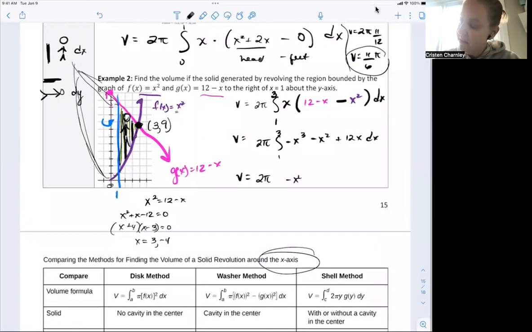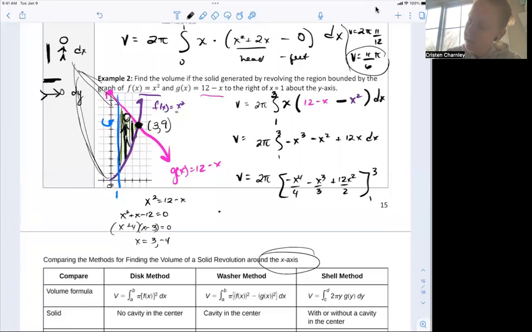Got negative x to the 4th over 4 minus x cubed over 3 plus 12x squared over 2. This is between 1 and 3. Negative 3 to the 4th power, 3 times 3 is 9 times 3 is 27 over 4. 3 to the 3rd power.